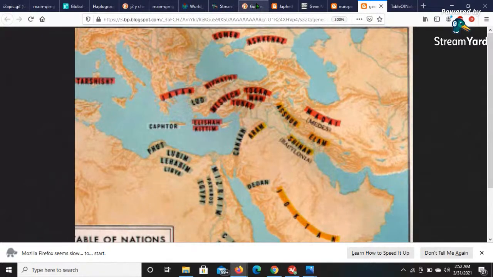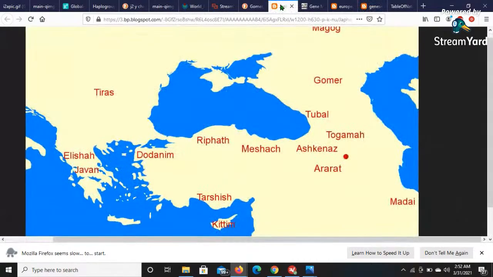Okay, let's try again here. We got Magog, Gomer, Tubal. One of these could be the ends, Tiras and Javan.